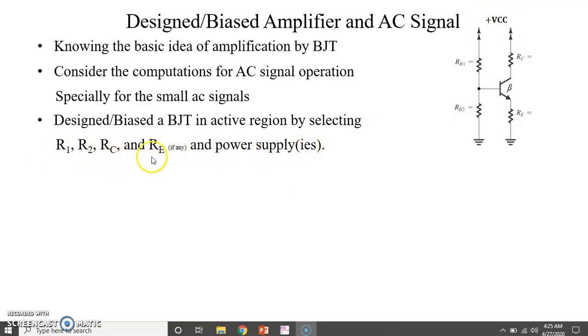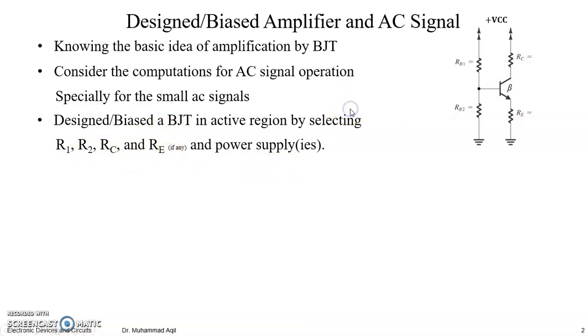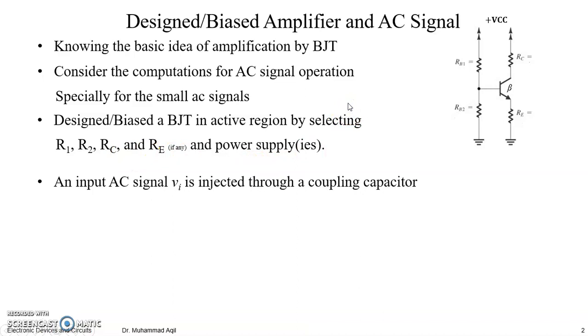And remember, we have done two examples of amplifier designing, one with RE and one without RE, right? If RE is there, you have to find RE as well. Otherwise, R1, R2, and RC. And an input AC signal Vin is injected through a coupling capacitor, right? For what? For amplification.